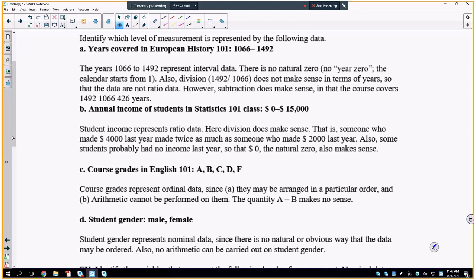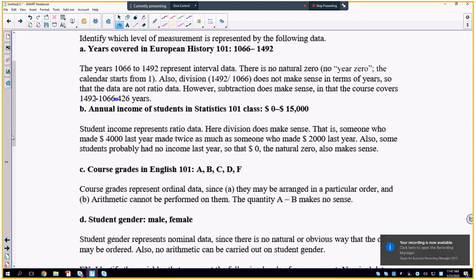However, we can do subtraction. We can do 1492 minus 1066 is equal to 426. So there is arithmetic that we can perform.